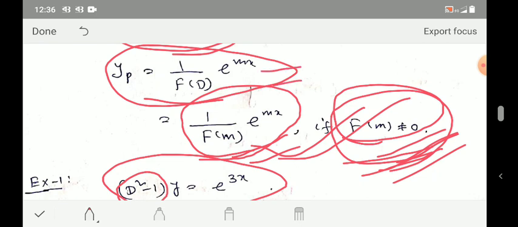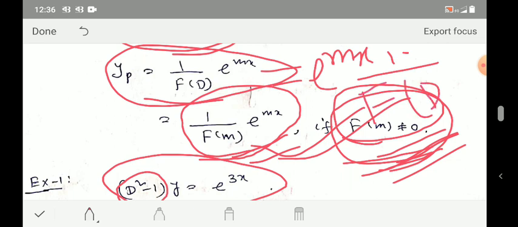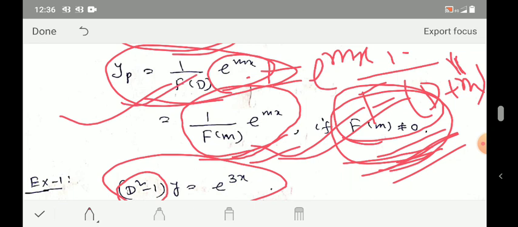We will write this as e to the power mx, 1 by f of D plus m, times 1. That is, e to the power mx is multiplied by 1 here, e to the power mx into v, where we considered v as 1. Then 1 is a polynomial function, so we can find yp by rule 3. This exception is considered in rule 4.